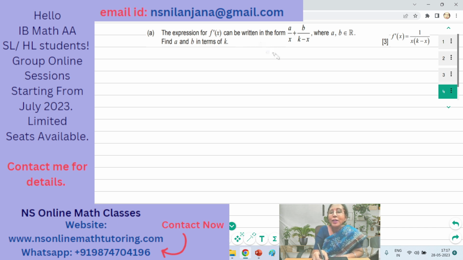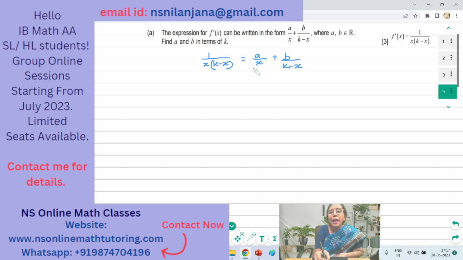So I have brought the question over here and this is the f dash expression as you can see. And we have to express this in the form of partial fractions basically. So we write 1 over x times k minus x is equal to a over x plus b over k minus x.